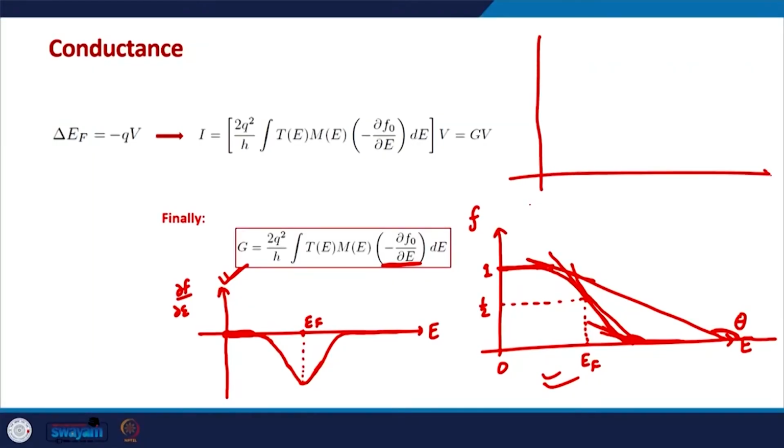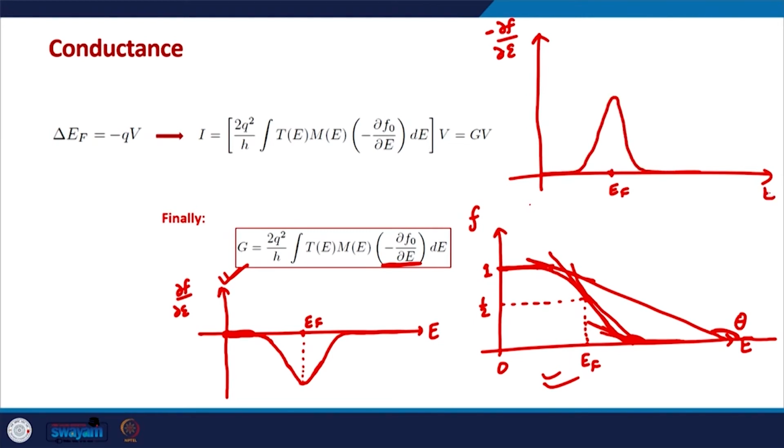So finally the minus ∂F/∂E function turns out to be like this. If this is the Fermi level, initially this function is 0.